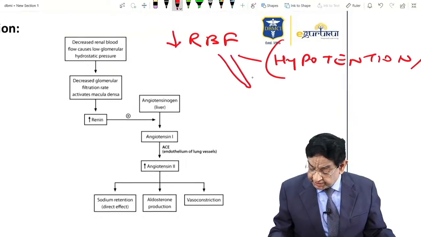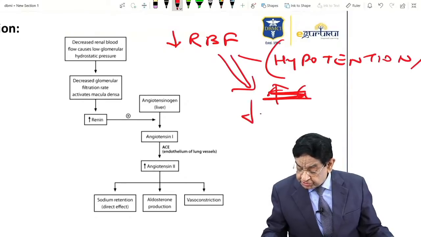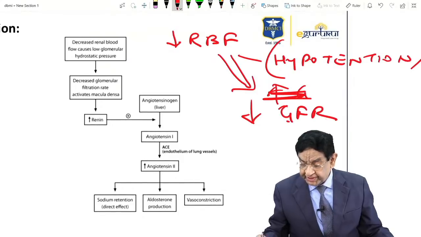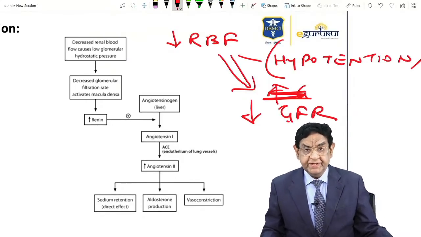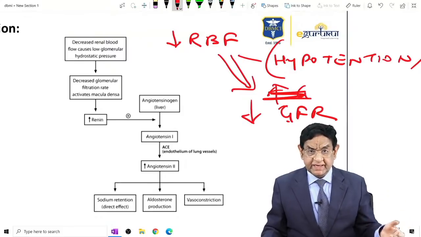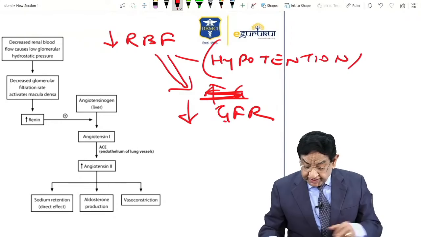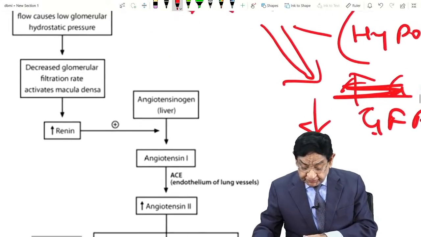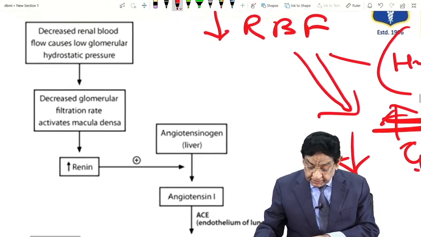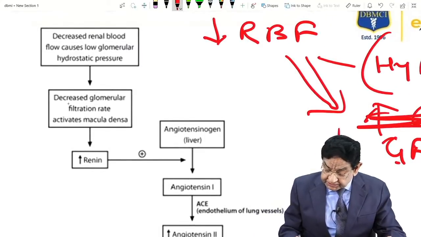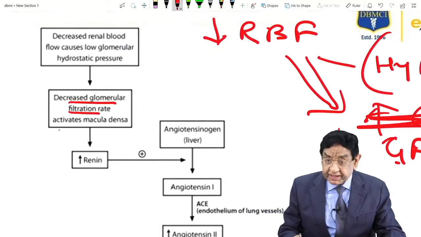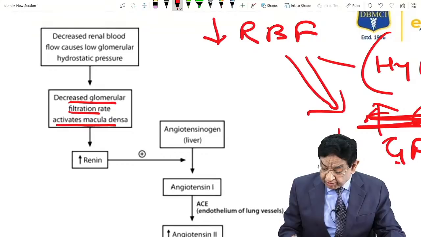There will be reduced glomerular filtration rate. Definitely, with no blood in the kidney, the filtration will go down. So decreased GFR activates macula densa.